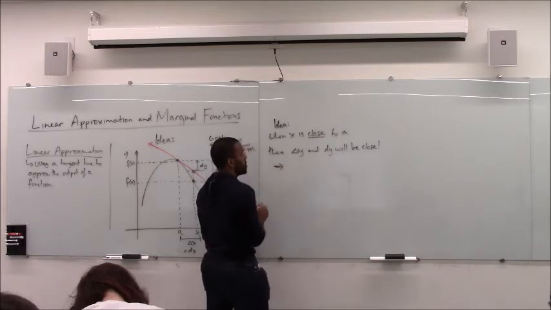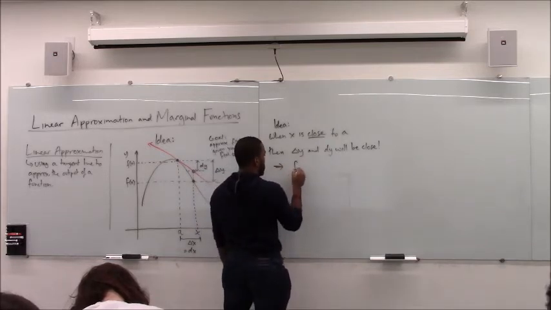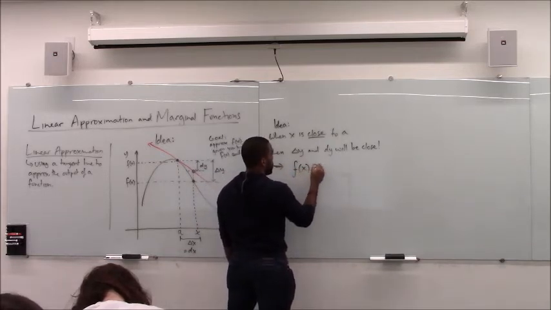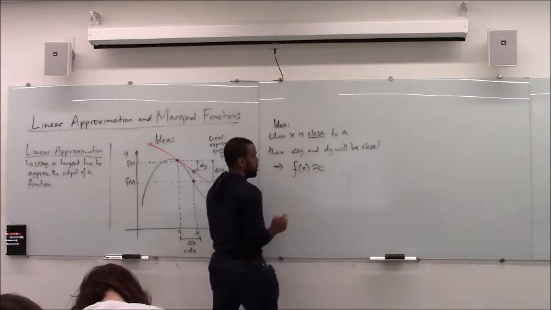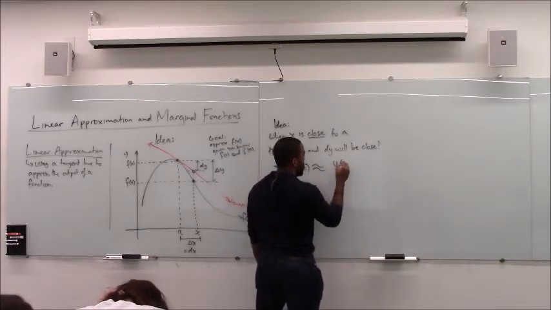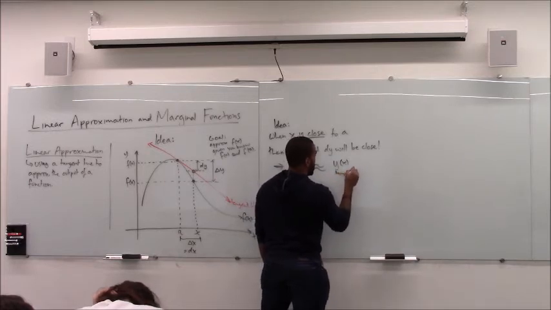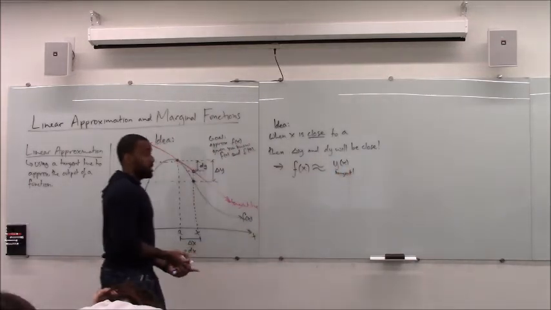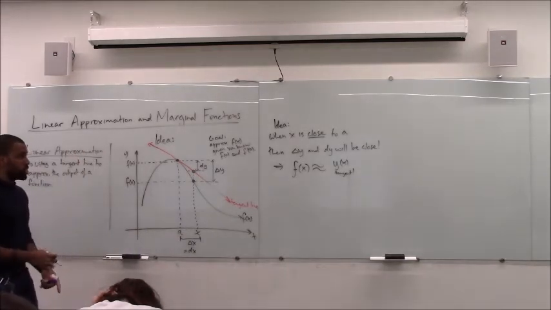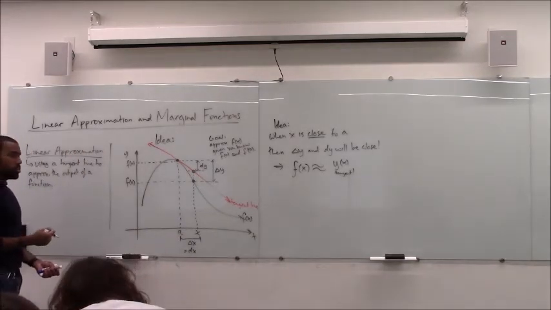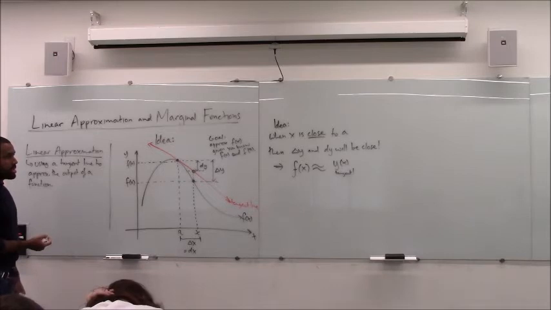Which means the output of my function will be roughly equal to whatever the output of the y, which is the y for the tangent line. Right? The y value for the tangent line and the y value of my function, they'll start to get very close the closer I get that x to A.